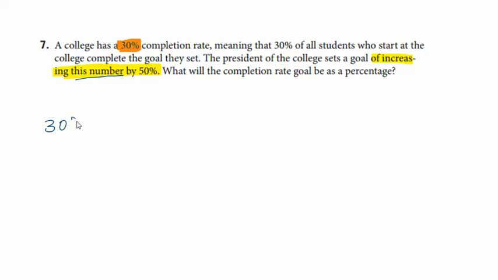So it's almost like $30 or 30 clients or 30 candy bars. And we want to increase this by 50%. So to increase it by 50%, we need to find 50% of 30%, and then add that on.